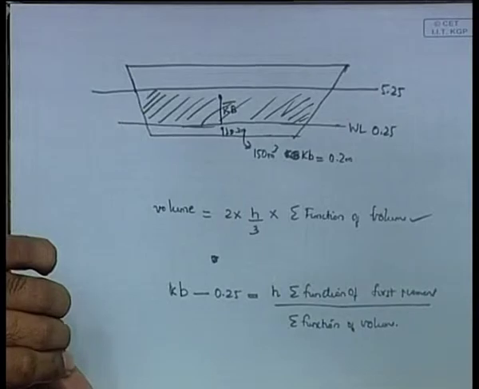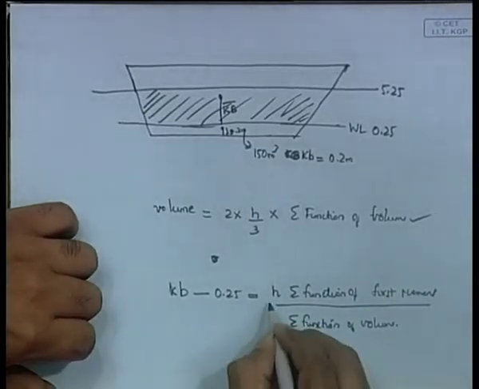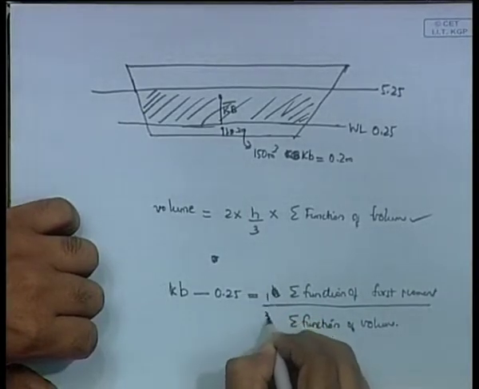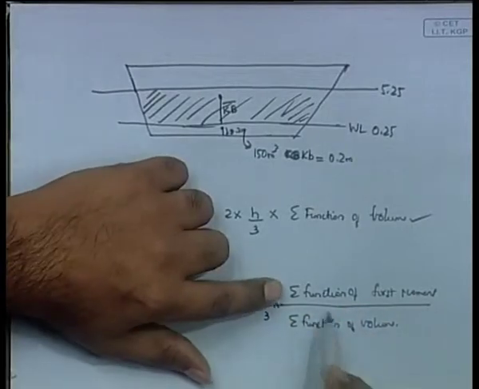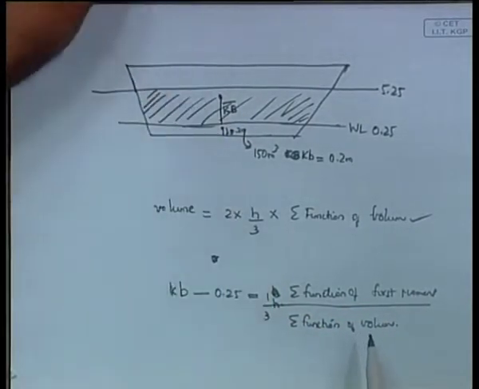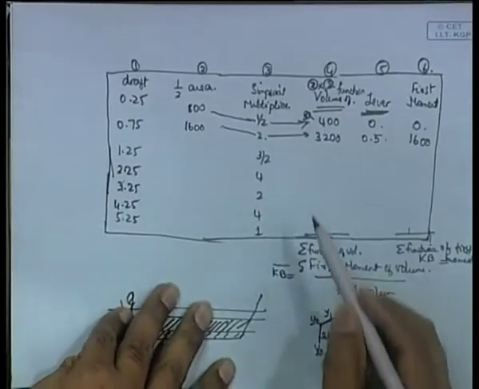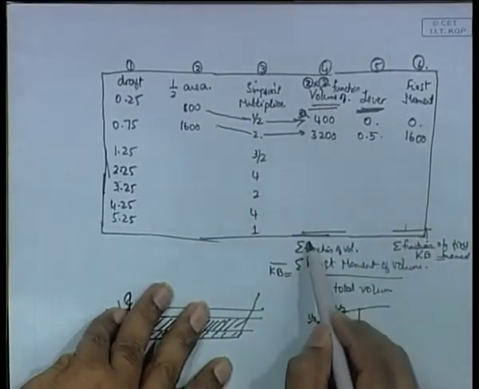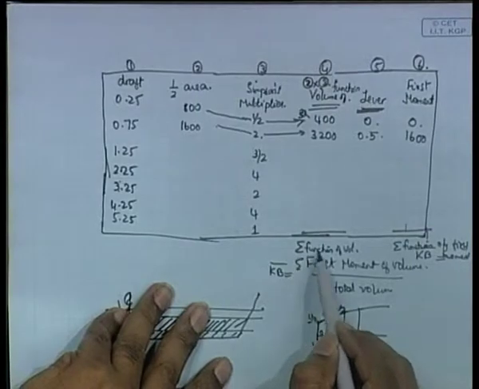Usually I think there should be an h by 3. I will check this and tell you, but I believe there should be a 1 by 3 h. 1 by 3 h into sigma function of first moment divided by sigma function of volume, that is all these volumes added up.